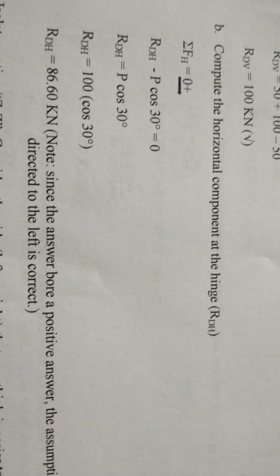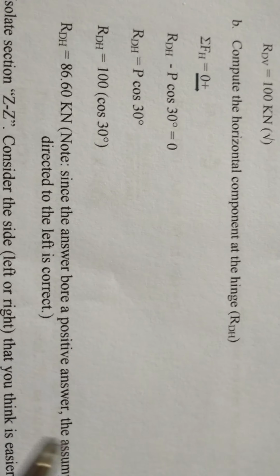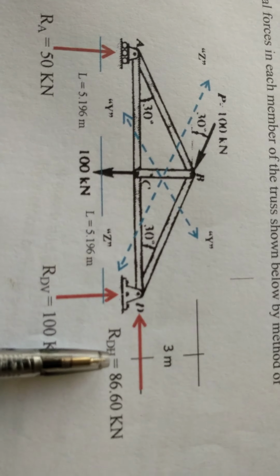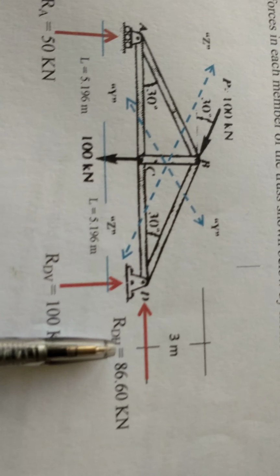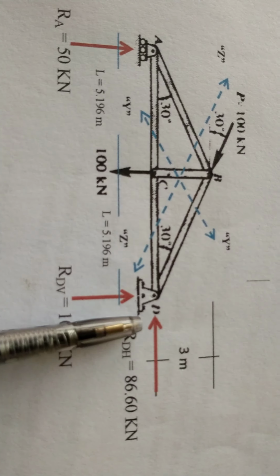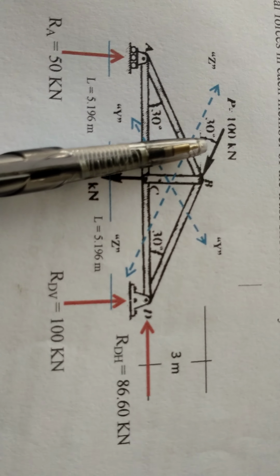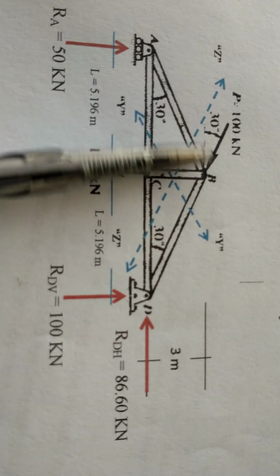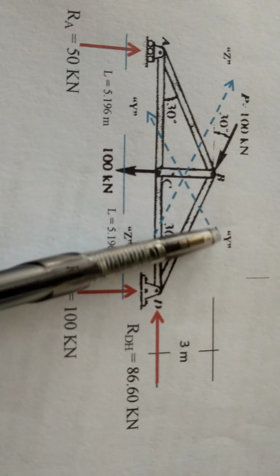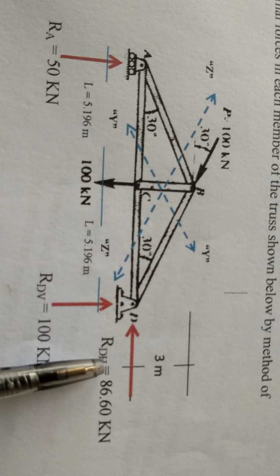Okay, the next, we have to solve for RDH. So RDH, just simply have your common sense in here, because we have 100 kilonewtons acting diagonally, and the effect of this load being introduced horizontally will be equal to this load.